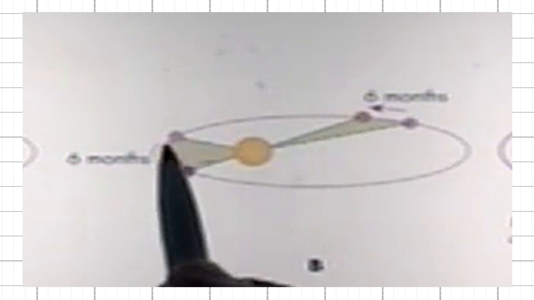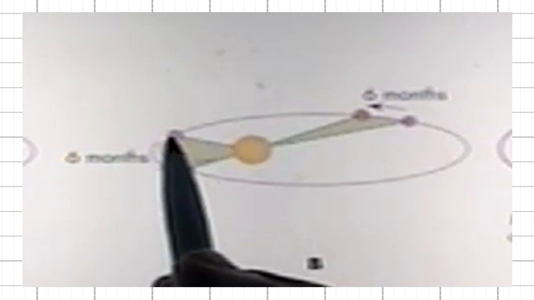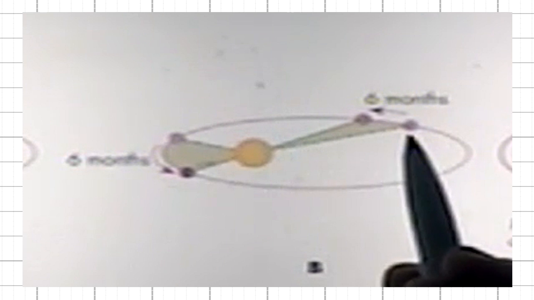So if I take a planet here, say close to its perihelion, and watch how much it travels over 6 months, and then I measure or calculate the area that this line joining the planet with the sun sweeps in 6 months, and then I do the same thing later when it's near the aphelion, I'll find out that these two areas are the same.